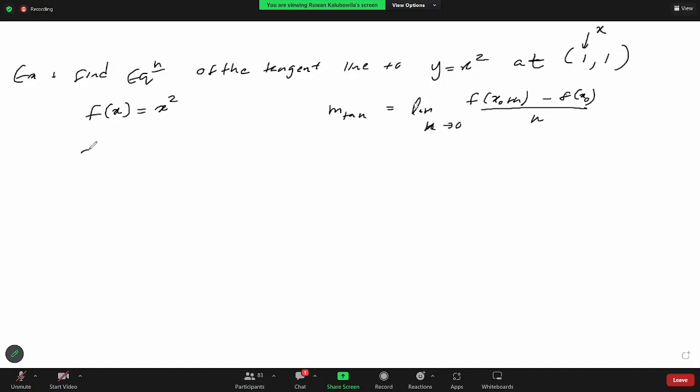Okay, let's first find the x naught plus h. Here x naught means 1. This is x naught. 1 plus h. So that is 1 plus h.